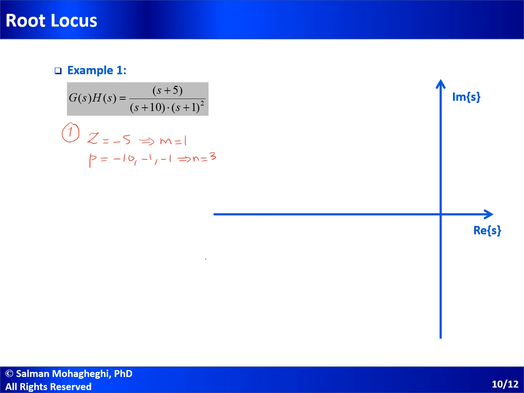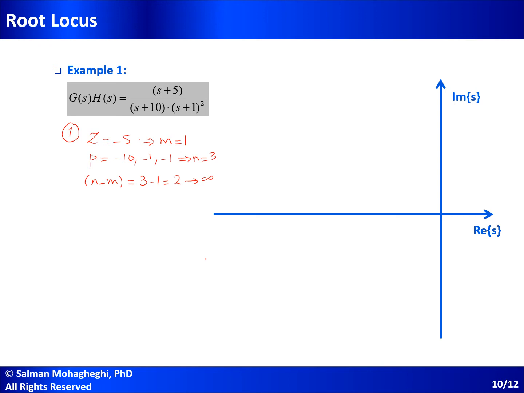So the next thing that you have to do is write down the number of asymptotes. Since I have 3 poles and only 1 zero, n minus m of those poles, in other words 3 minus 1, which is 2 poles, will go to infinity along asymptotes. So I will have 2 asymptotes.